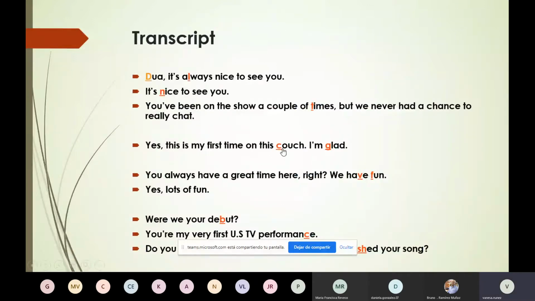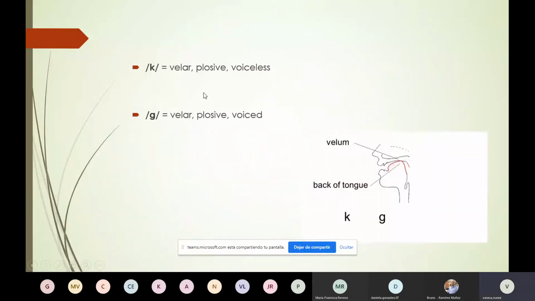The next two consonant sounds are K and G. Anybody can tell me why they are velar? Because you raise the back of the tongue to the soft palate or the velum.